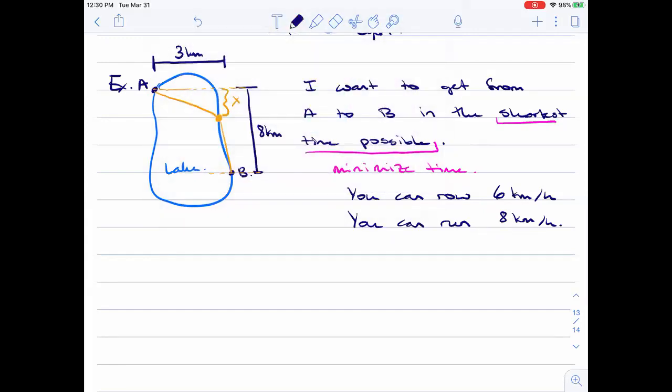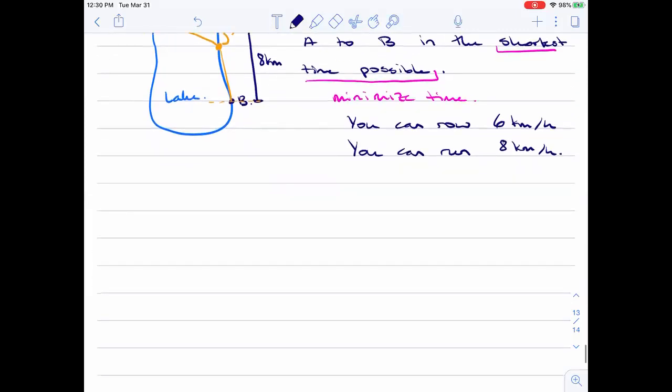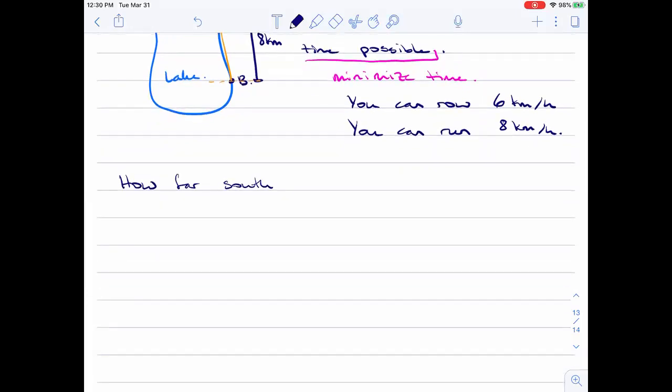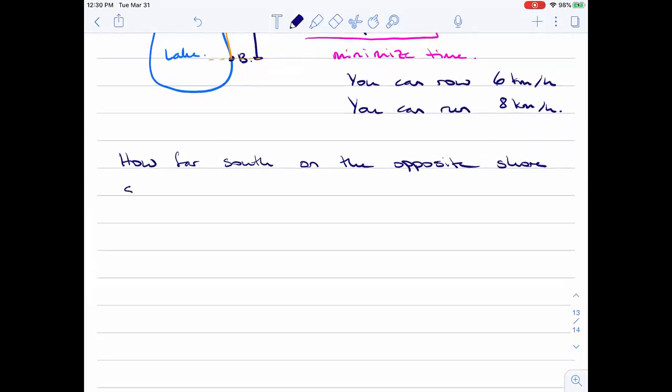Okay. So how far south on the opposite shore should you land the boat?